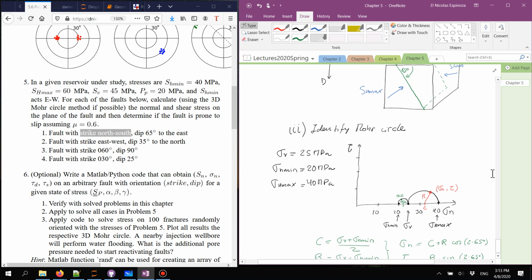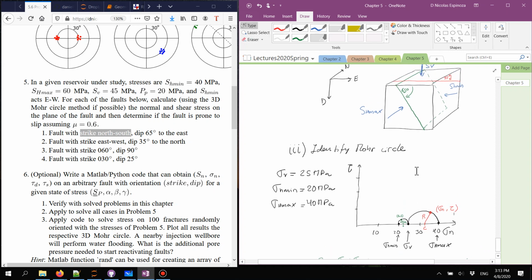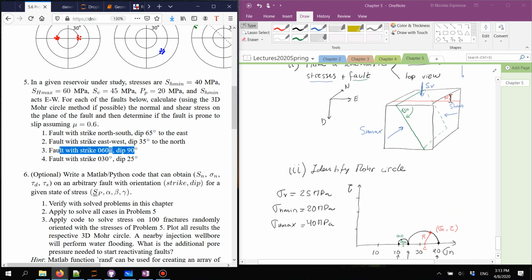And as you may expect, if you have another fault which is oriented in a way that it includes the direction of SV, then you're going to need to use a Mohr circle which is a combination of sigma H max and sigma H min. And you will have to find the angle that is needed to represent that in the 3D Mohr circle.